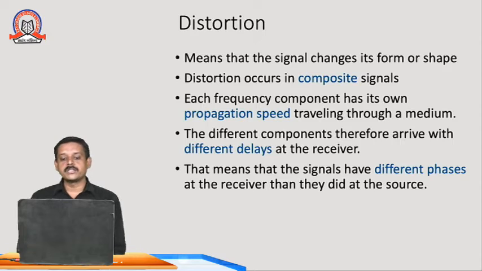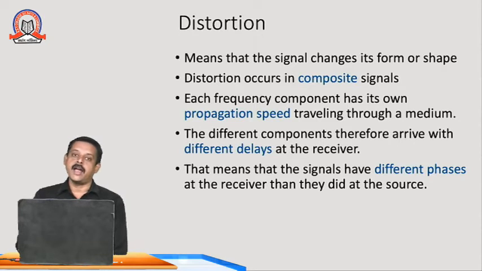Each frequency component has its own propagation speed while traveling through the medium. So the different components arrive with different delays at the receiver. That means the signals have different phases at the receiver than they did at the source.